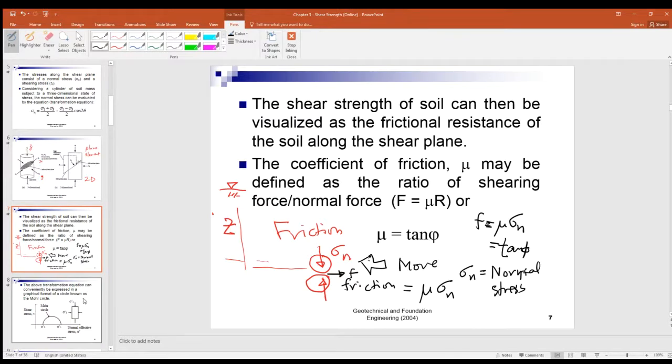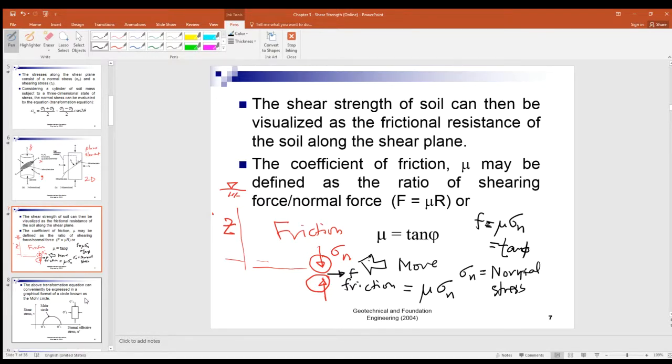So this is the first part. Remember, when you are going to slide a layer of soil over the other layer of soil, you have to overcome the friction in between. This friction will depend on how heavy the normal stress is that you compress upon these two layers.